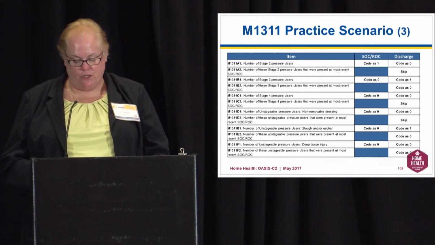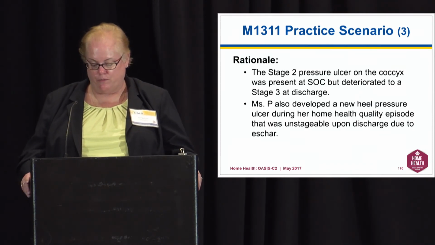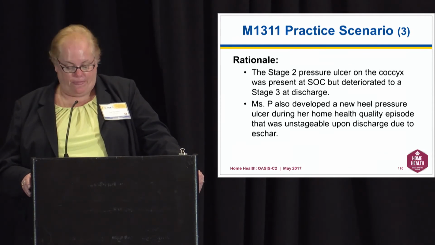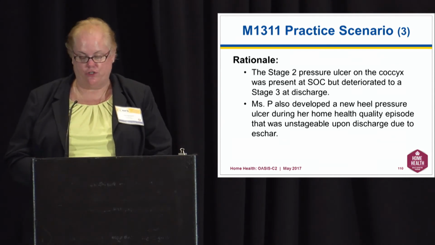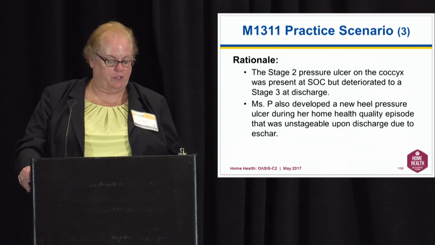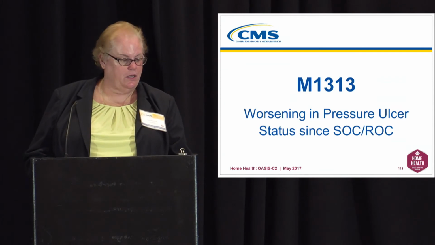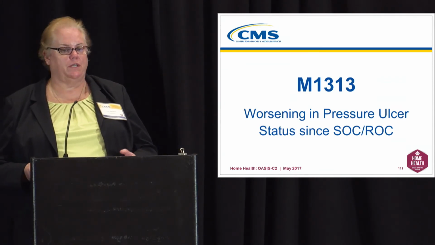All right. So really what we're looking at here is the stage 2 pressure ulcer on the coccyx was present at the start of care but deteriorated to a stage 3. And Mrs. P also developed a new heel pressure ulcer during her home health quality episode that was unstageable upon discharge due to eschar. So we just need to say it was unstageable. Okay. So now let's spend a little bit of time looking at M1313.